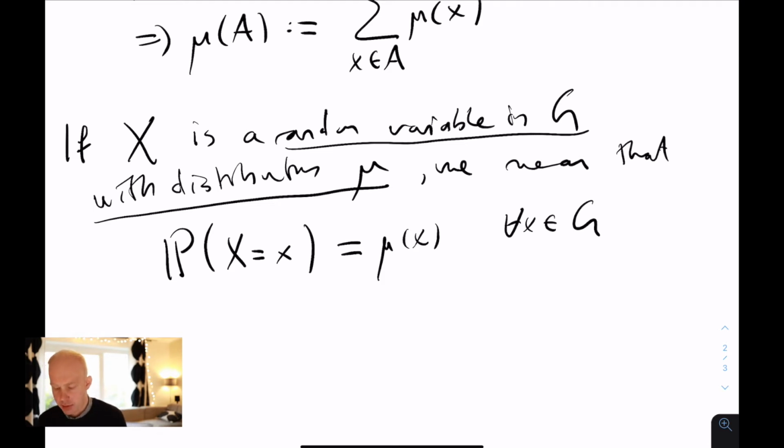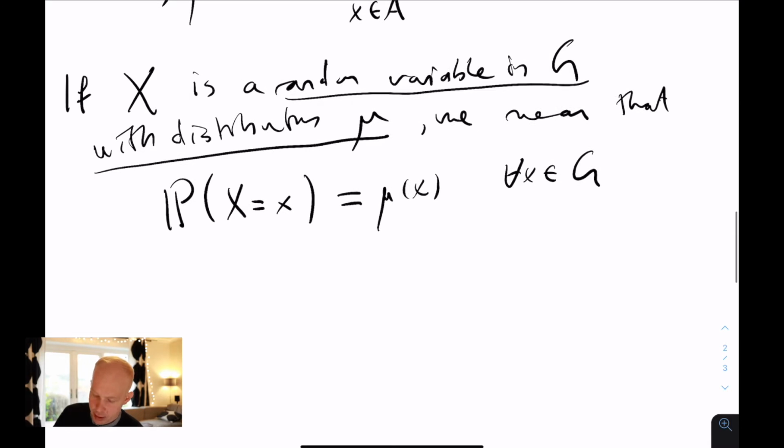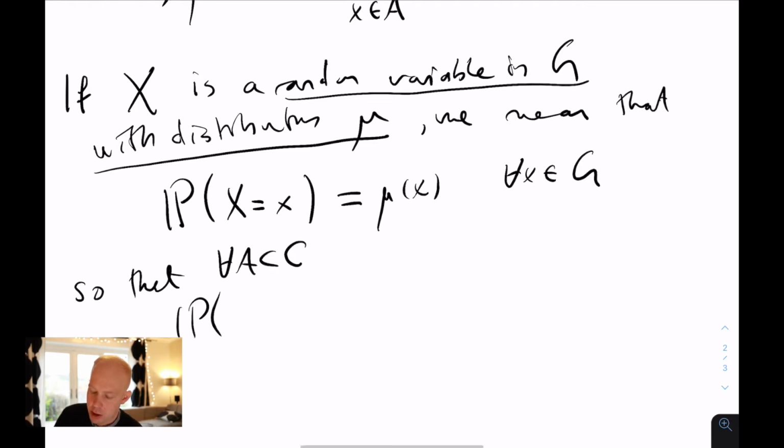Then the probability of this event is positive, and so, for example, for every event A in G, the probability of X being in this event is mu(A).